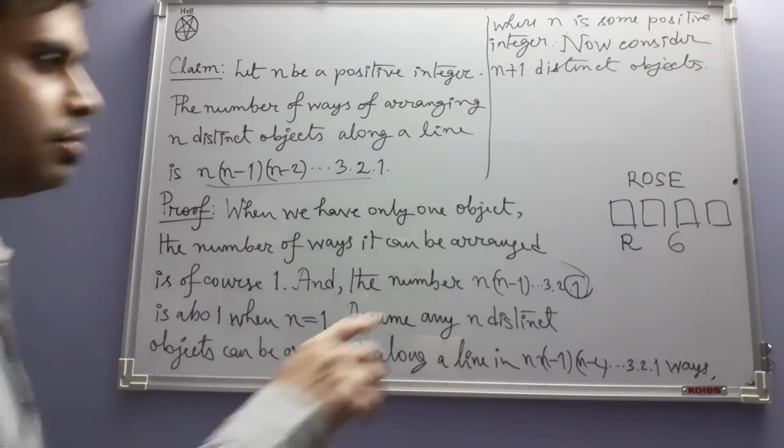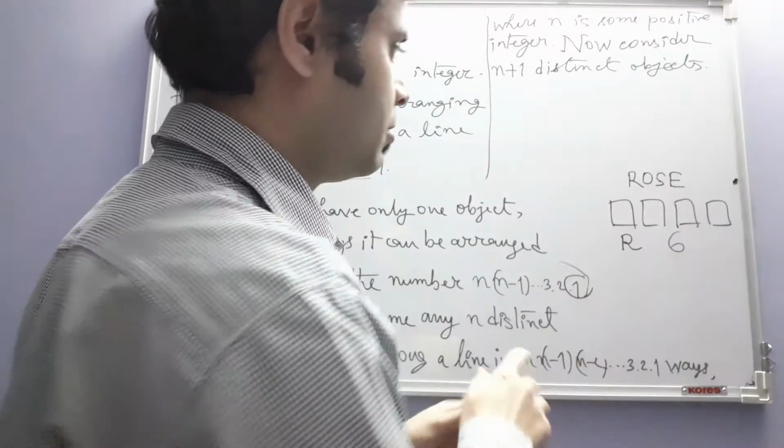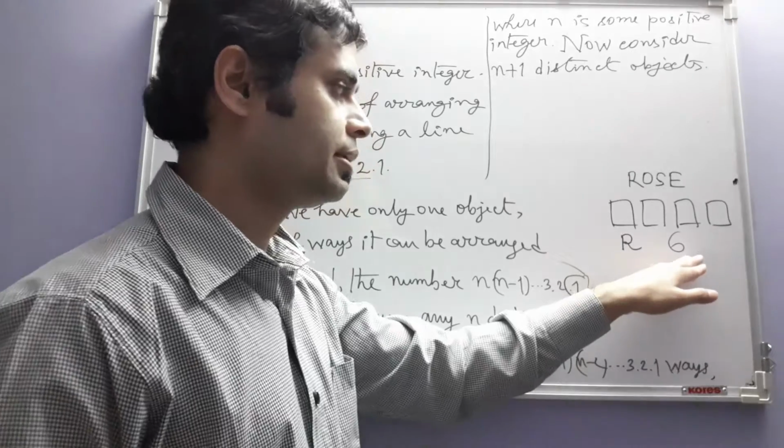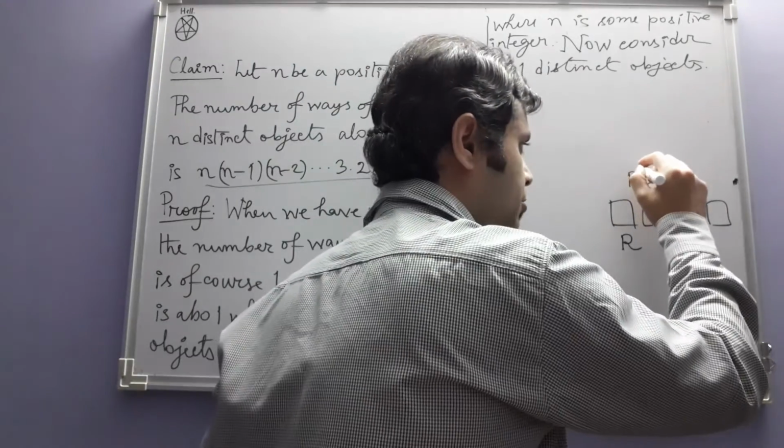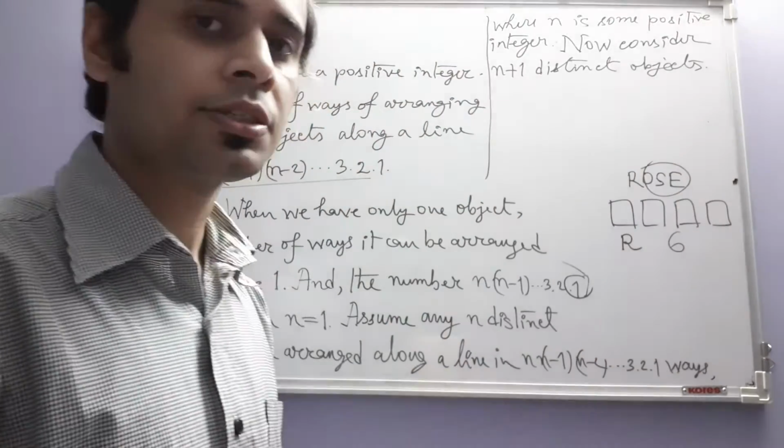The remaining 3 letters can be assigned in 6 ways, because you can arrange O, S and E in 6 ways.